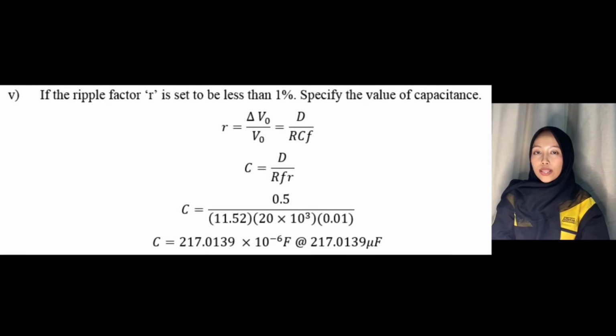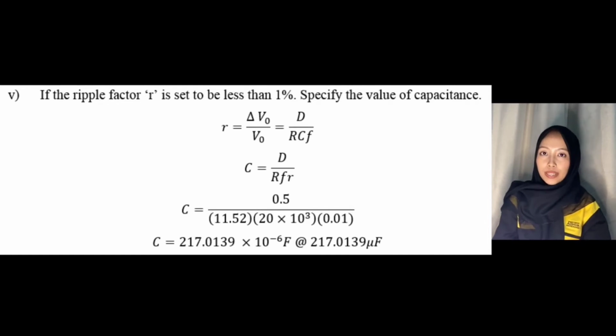Next, for the fifth question: if the ripple factor, R, is set to be less than 1%, specify the value of capacitance. To find the capacitance, we use the given formula, which is R equals D over RCF, where D is the duty cycle, R is resistance, C is capacitance, and F is frequency. We rearrange the formula to make C the subject, and we get C equals D over RFR.